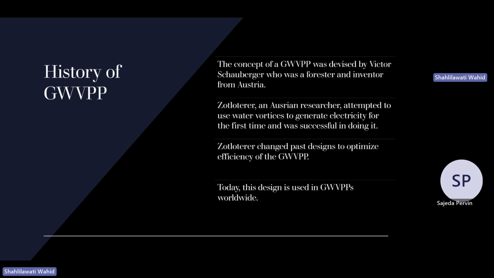However, he never utilized his research and ideas, but many years later, an Austrian researcher, Zoll Lotterer, attempted to use water vortices to generate electricity for the first time, and was successful in doing so.